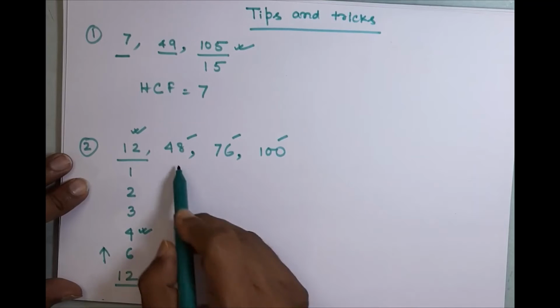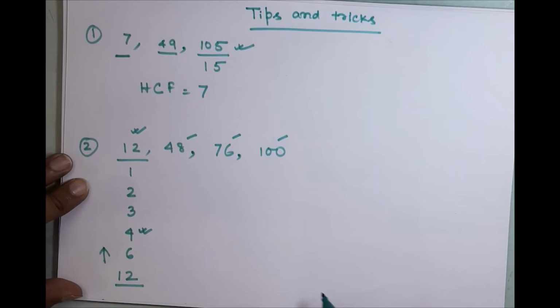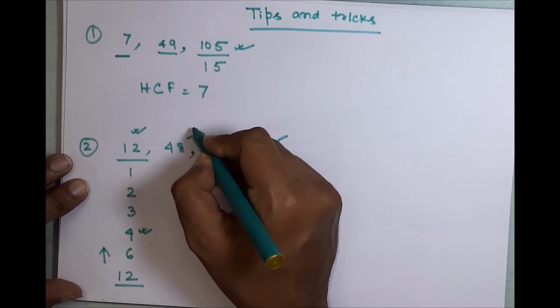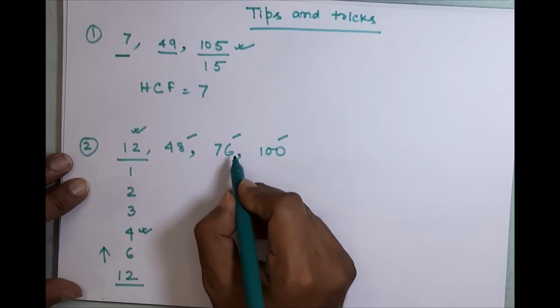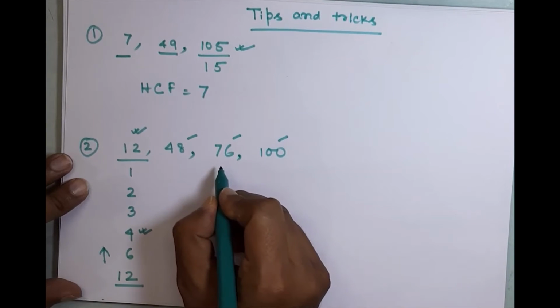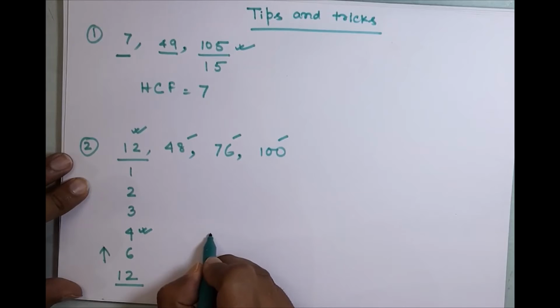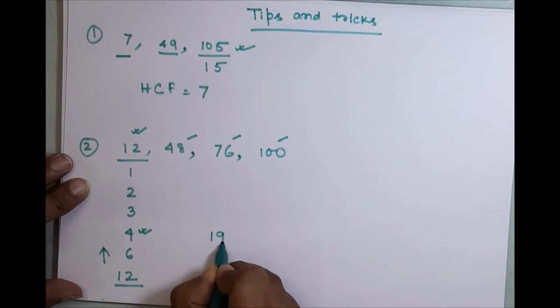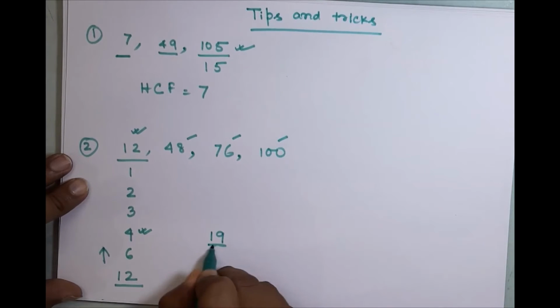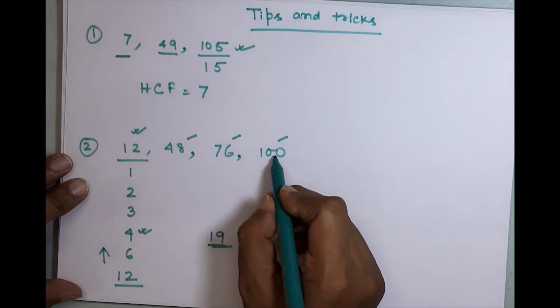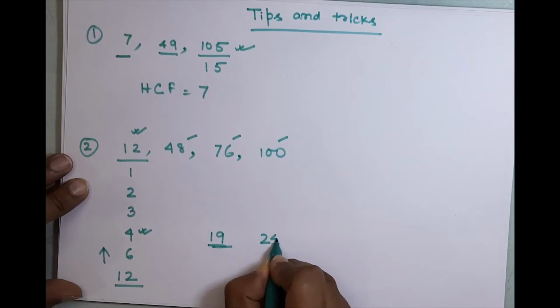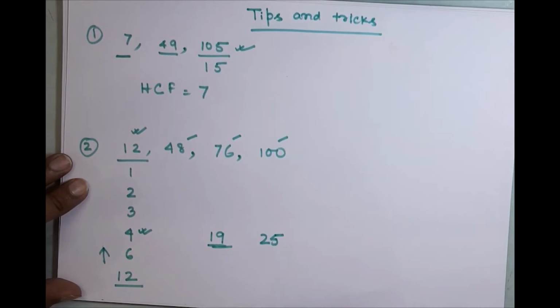We'll see whether the rest of the numbers are divisible by 4. 48 is easily divisible, giving 12, and 76 is divisible. If we divide 76 by 4, 4 ones are 4 and 4 nines are 36, so we get 19. Can we divide 100 by 4? Yes, 25 is the quotient.